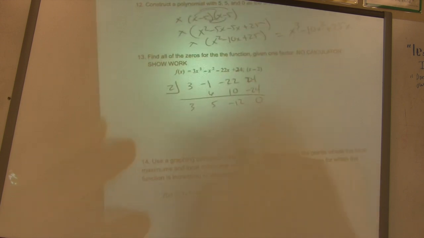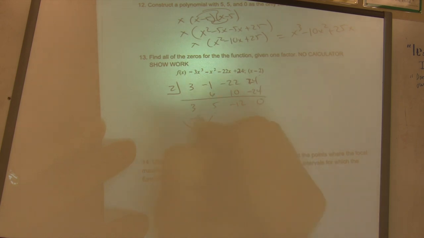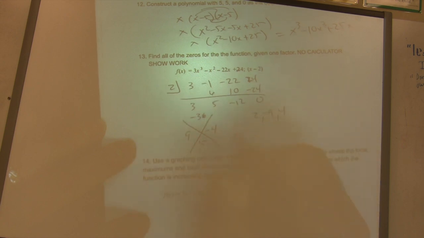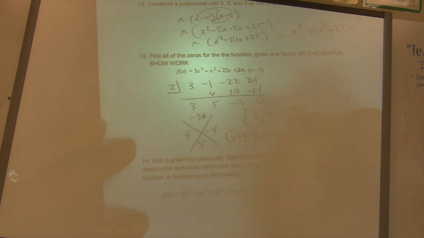And then we can try the x method. Negative 36 and 5, so that would be 9 and negative 4. So we have 2, and then negative 9 and positive 4, because remember that's x plus 9 and x minus 4. So those are our zeros.